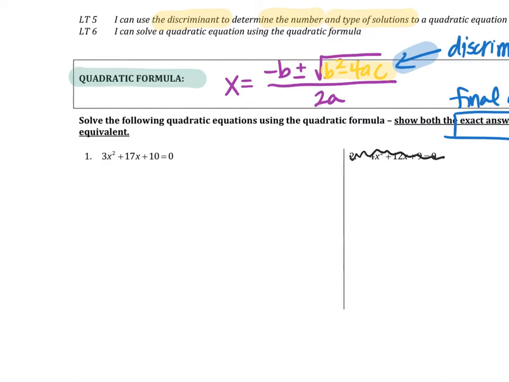So the first thing I need to do is define what a, b, and c represent. Remember, standard form is ax squared plus bx plus c equals 0. So a equals 3, b equals 17, and c equals 10. So step 1, always and forever, is we're going to calculate the discriminant.